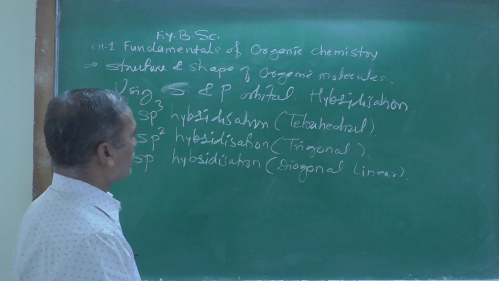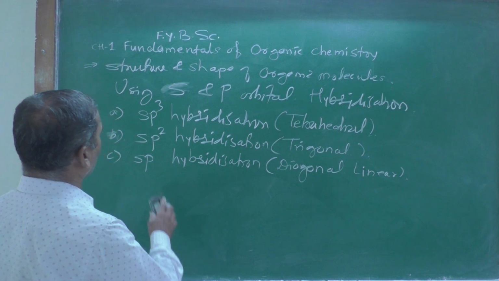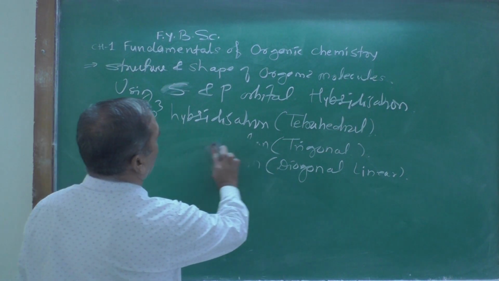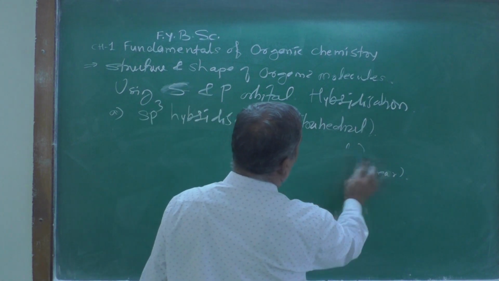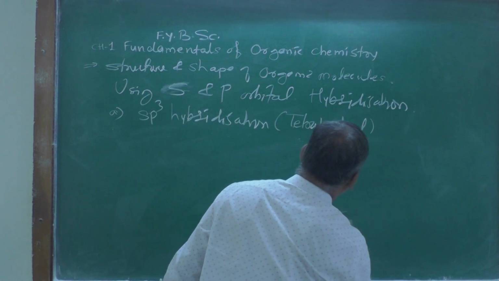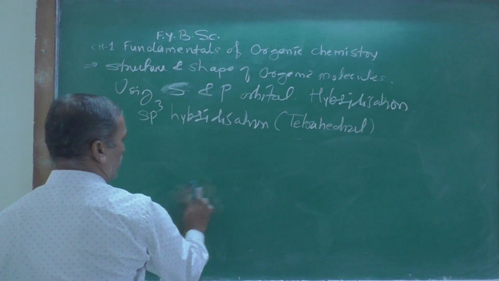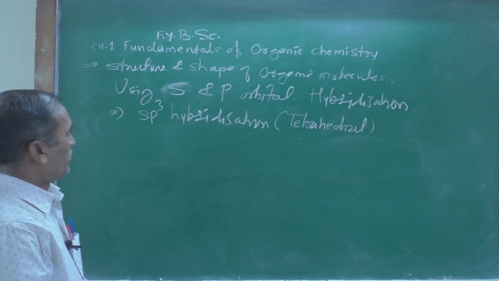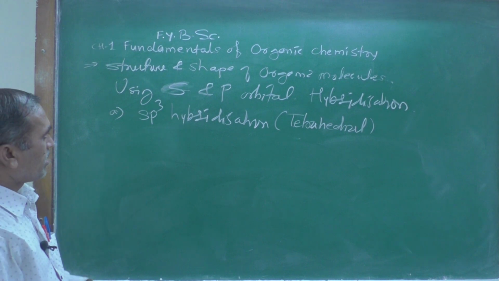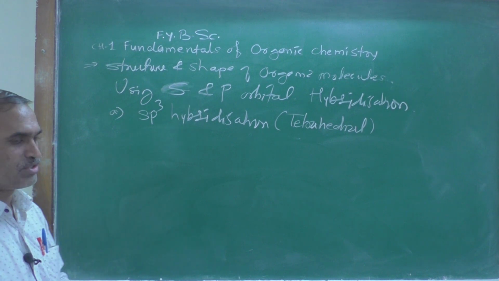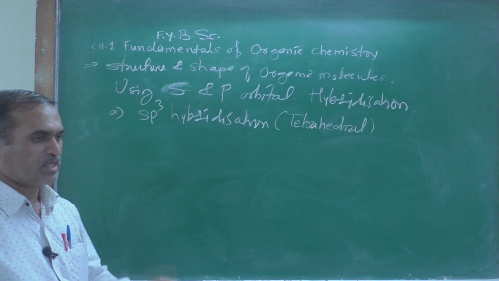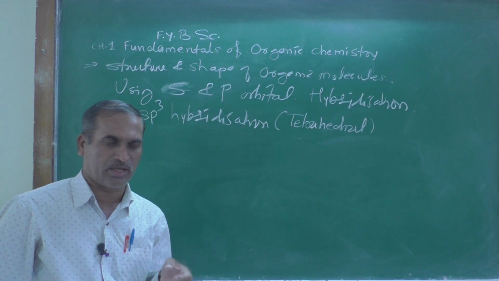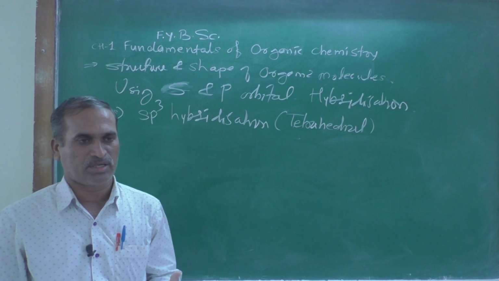Therefore today we are going to learn the first one, sp3 hybridization, which has a tetrahedral geometry. While writing about sp3 hybridization, a 5 mark or 4 mark question may appear here: What is hybridization?